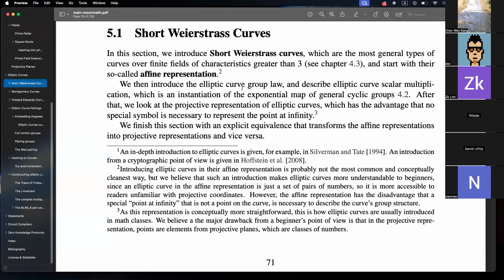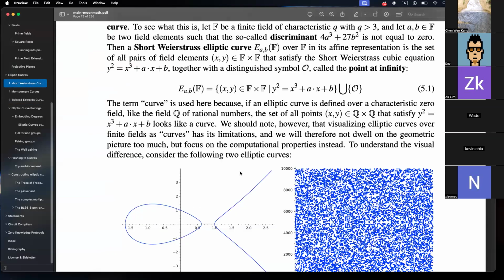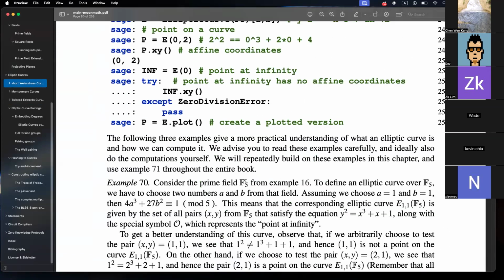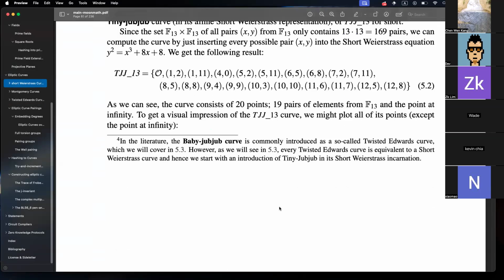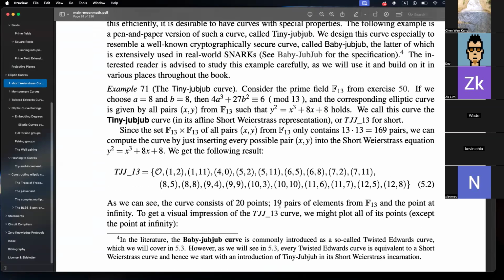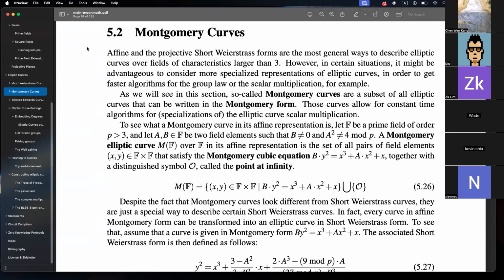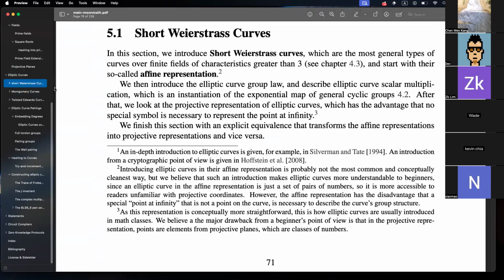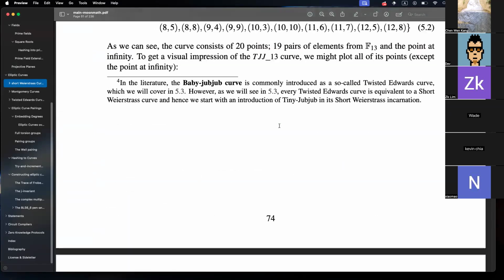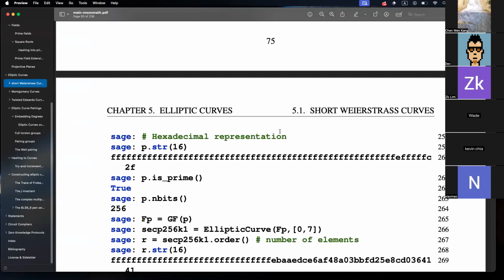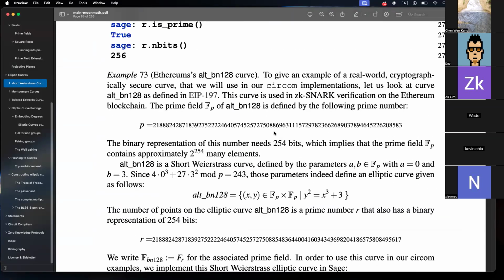Short Weierstrass curve is a lot more expensive to do because it's very hard to represent in this case, because you need to do branching. Same goes for Montgomery, right? You need to specifically handle branching for the group law. I think for Weierstrass it's even harder, because it's also expensive to calculate the group law.